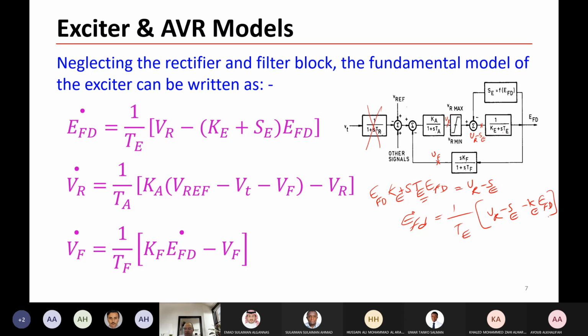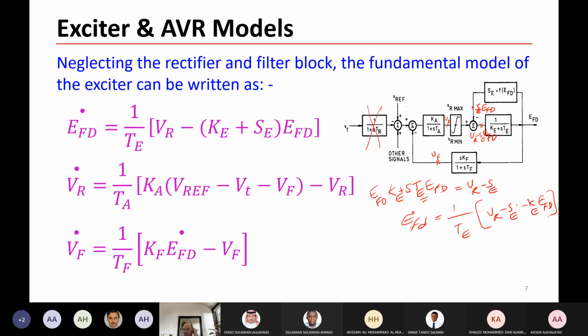By the way, it's not SE, it is SE EFD. Are you following, guys? The signal here is EFD multiplied by this factor. So this is SE EFD. It's not SE, it is SE EFD.